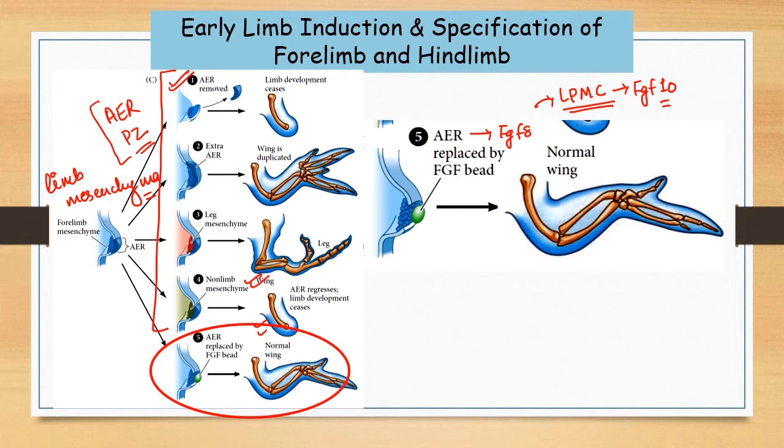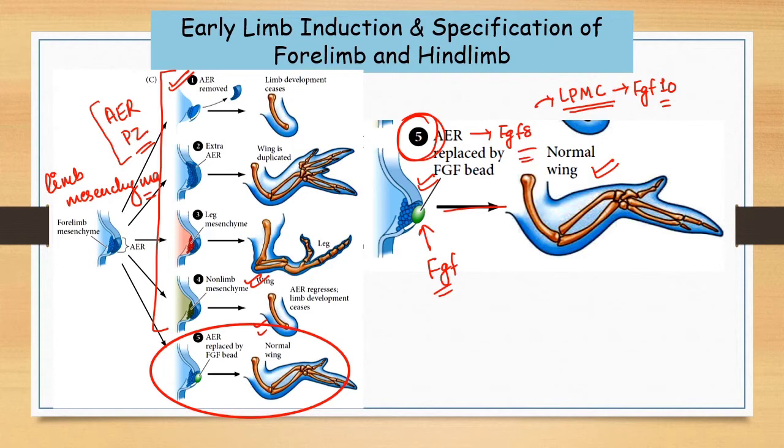To prove that, this fifth set of experiment was performed in which AER was removed from the limb bud and in place of AER an FGF bead was inserted. The result was that a normal limb was formed. So it was proved that yes, AER's main function in limb development is production of the FGF8 molecule.